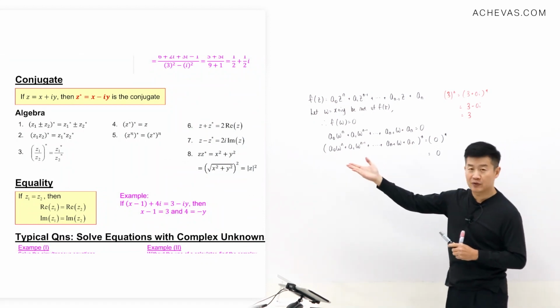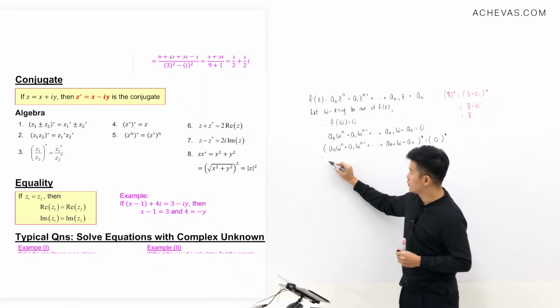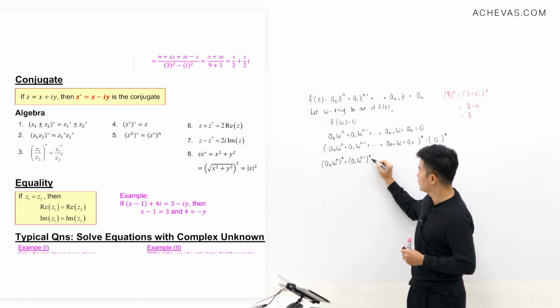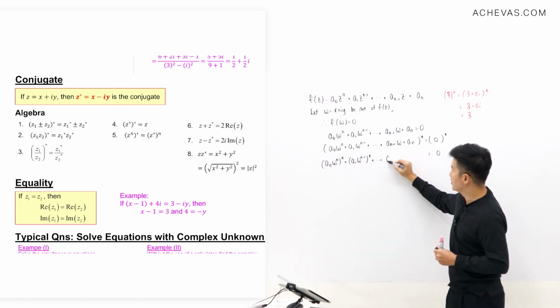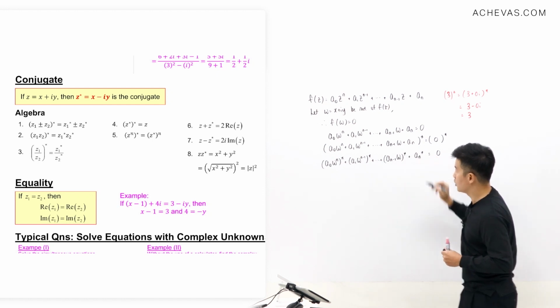For example, if I were to make use of the very first one here, the very first one will help me to change this into a0 w to the power of n conjugate, then plus a1 w to the power n minus 1 conjugate, then this will be a(n-1) w conjugate, then plus an conjugate.